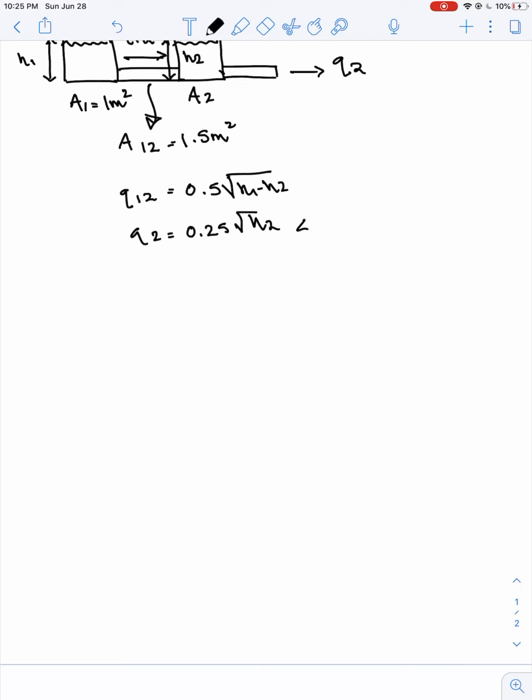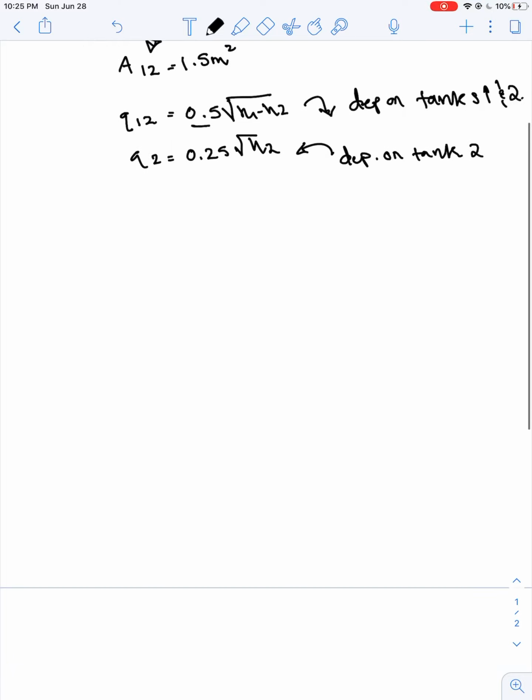And from this we see that Q2 is only dependent on tank 2, and this flow Q12 is dependent on tanks 1 and 2. Okay, and these are simply constants right here, and can be written as alpha 1 and alpha 2.